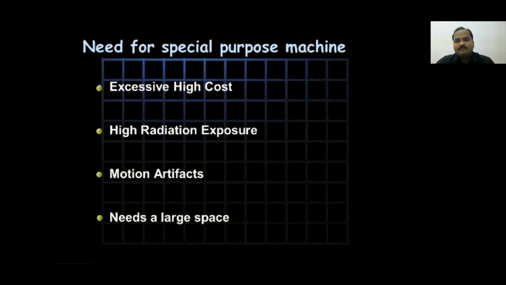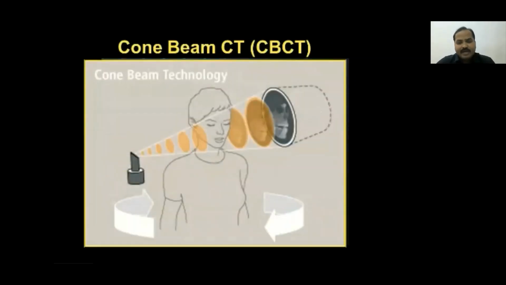So these were some of the aspects of the computer tomography machine which needed the development of technology to be utilized specially for dental purposes. As we have discussed previously, computer tomography in the cone beam form, the cone beam volumetric technology, was utilized primarily for angiographic purposes and was then taken up for dental use also.